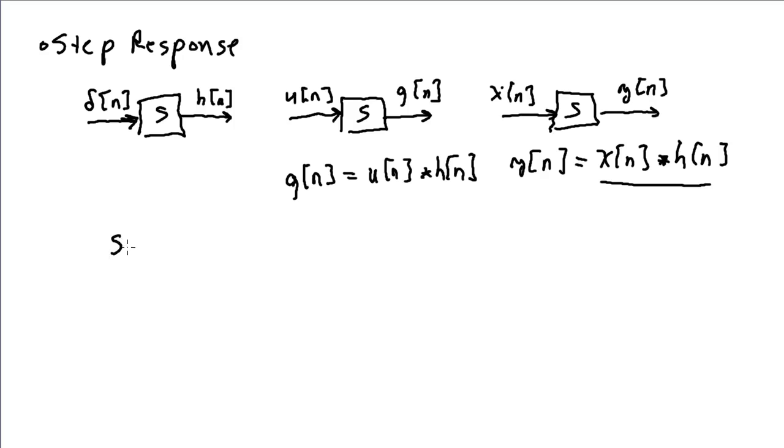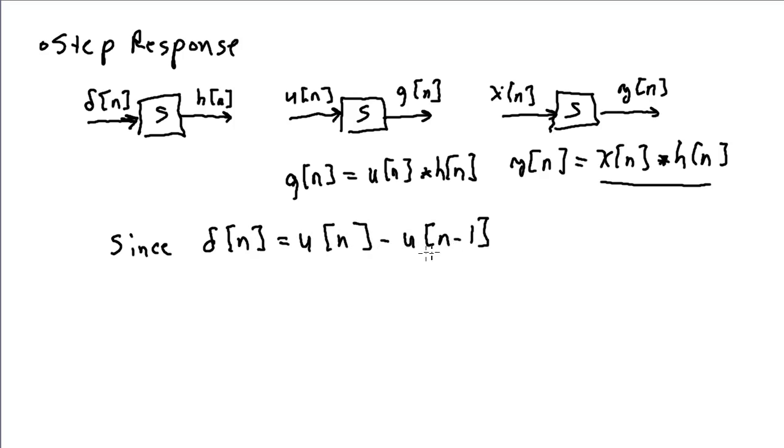We can actually find h of n from g of n. Again, g of n is related to h of n in this manner, but we can also write that delta of n is u of n minus u of n minus 1.